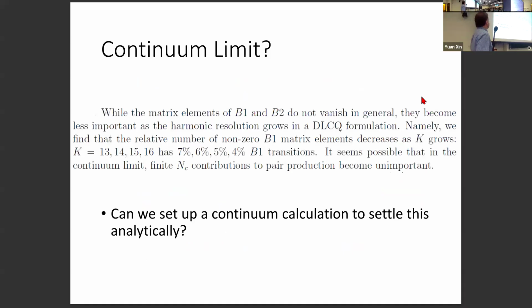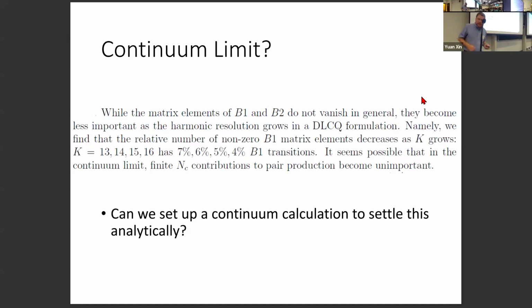All right, so we have a simplified Hamiltonian, and of course the question here is, can we push this a little bit farther? So can we actually do this in the continuum limit? And if you run the DLSQ on this, then it turns out that a bunch of these matrix elements indeed show signs that they want to kind of go away in the continuum limit, where you get less and less non-zero matrix elements.